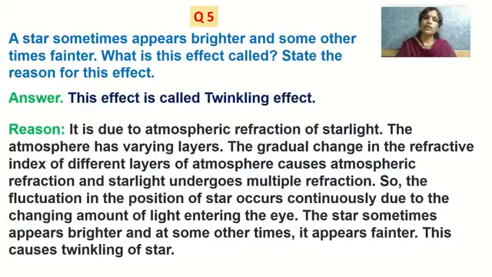So the fluctuation in the position of the star occurs continuously due to the changing amount of light entering the eye. The star sometimes appears brighter and sometimes it appears fainter, and this causes twinkling of stars. This question was asked for 2 marks, and it was kind of a give-reason question also.